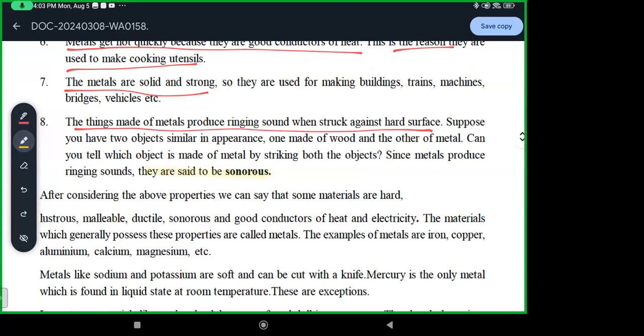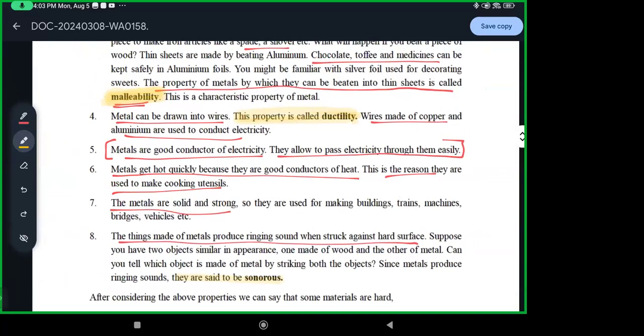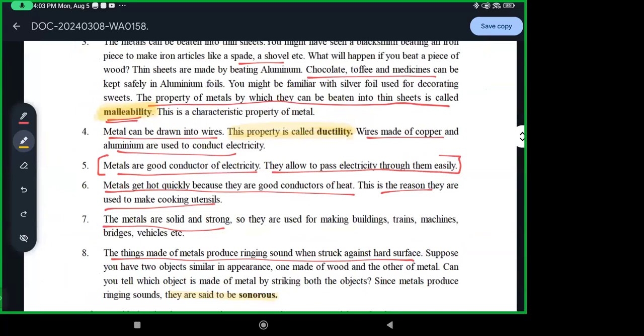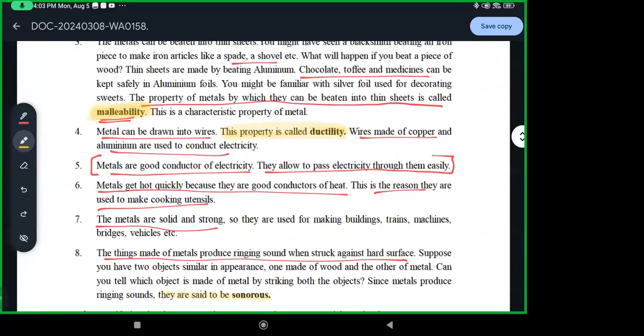Okay, producing sound. So the three terms that we learned in the characteristics of metals are malleability, they can be beaten into shapes; ductility, they can be drawn into wires; and sonorous. These are the main keywords.